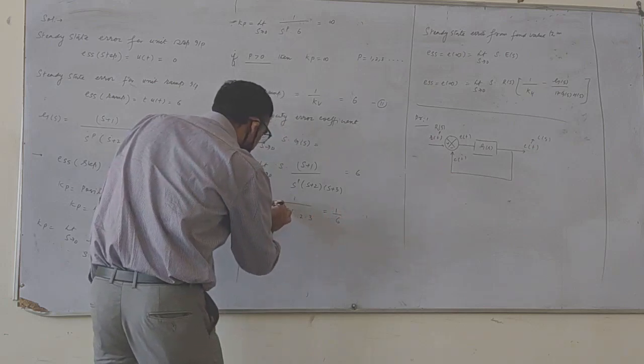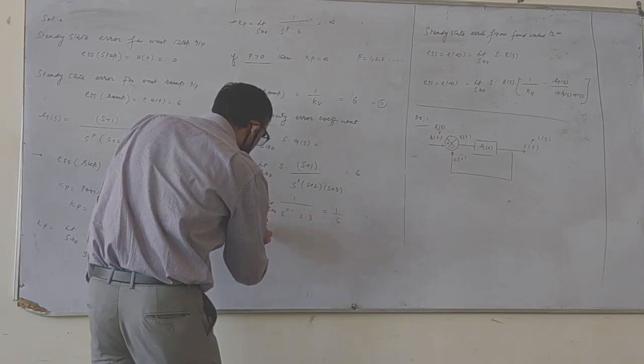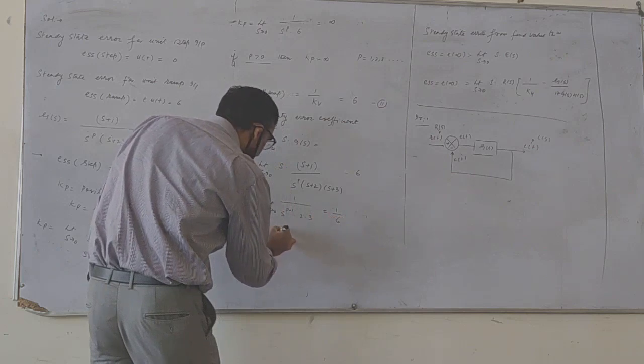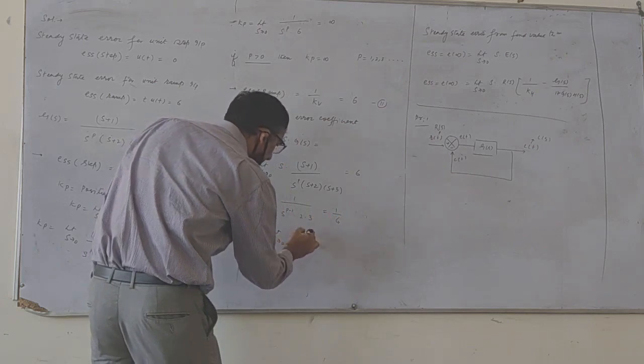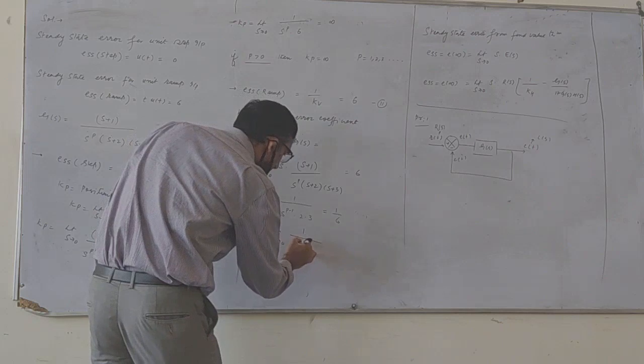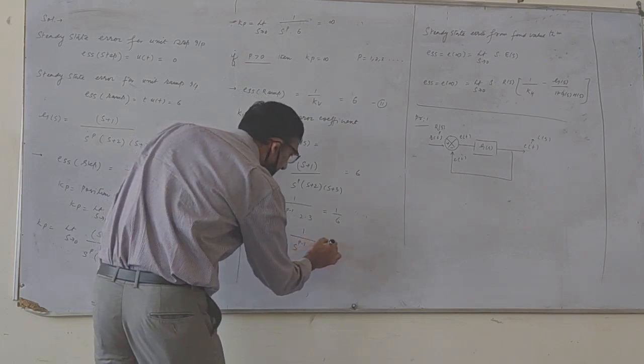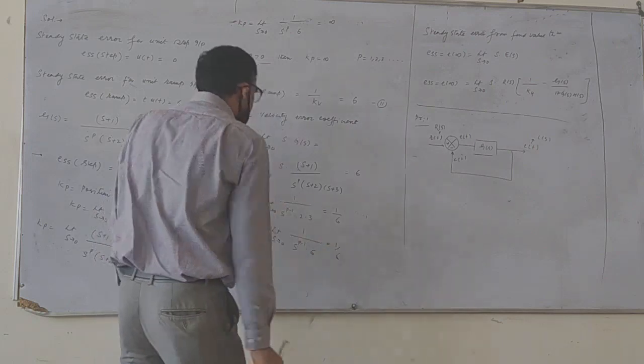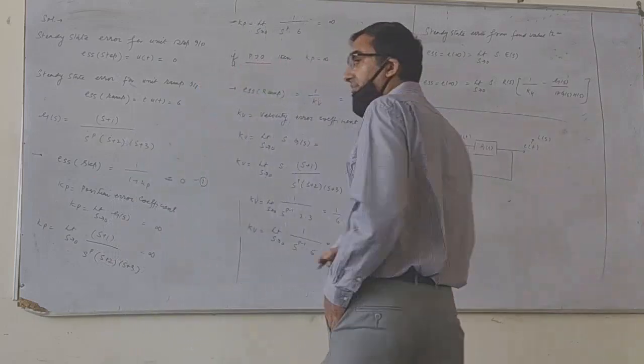I have still not used the limits here. kV, limit s tends to 0, will be 1 divided by s raised to power p minus 1, times 6, equal to 1 by 6. 1 by 6 and 1 by 6 will get cancelled.